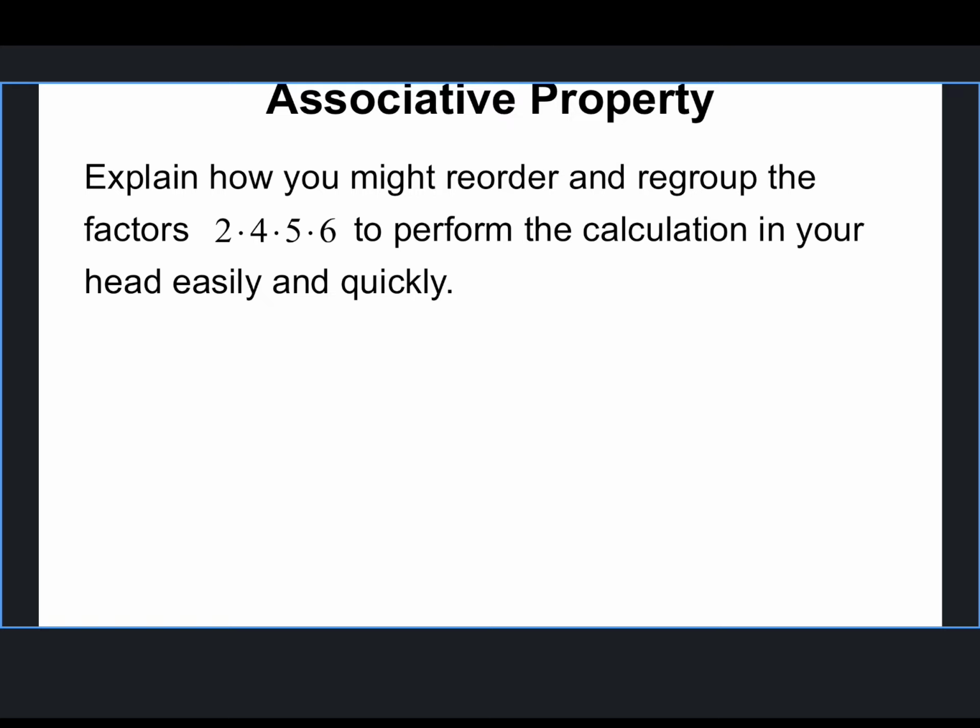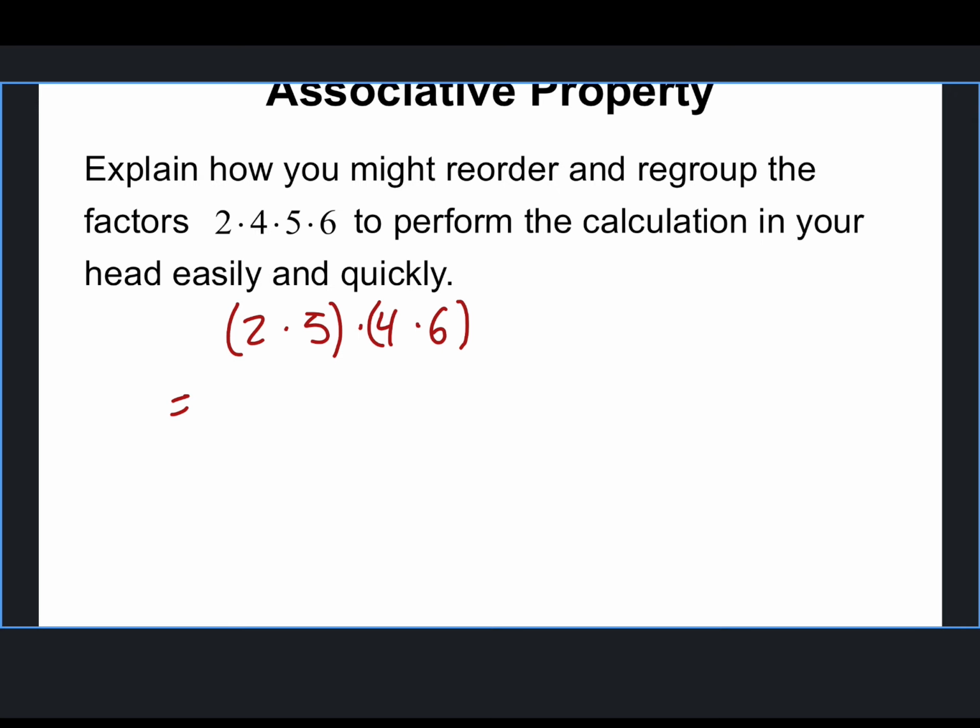So, what if I use the commutative property and I change the order to 2 times 5 times 4 times 6? What do we think about that? But I'm not done. Now I'm going to use parentheses and regroup, and consider those two things separately. What's 2 times 5? 10. And what's 4 times 6? 24. 10 times 24?